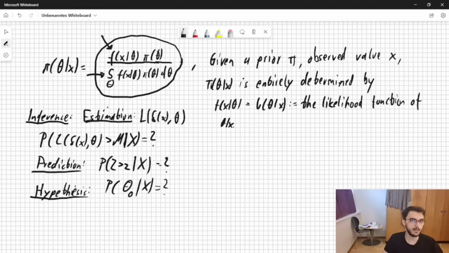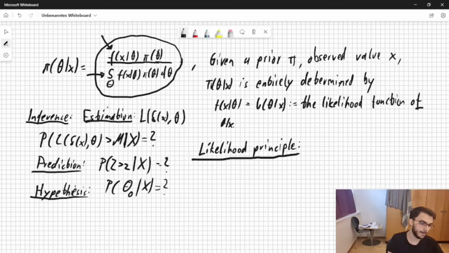So actually, we can define what is known as the likelihood principle. Remember we just had the likelihood function of theta given x. It completely determines the posterior distribution.